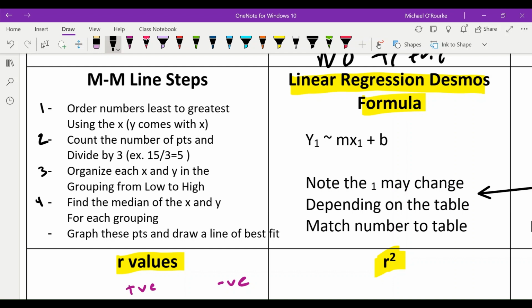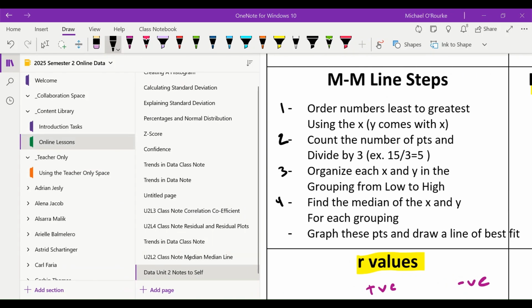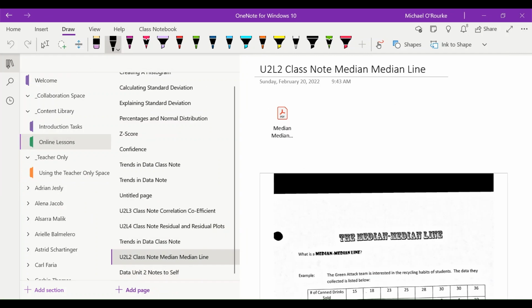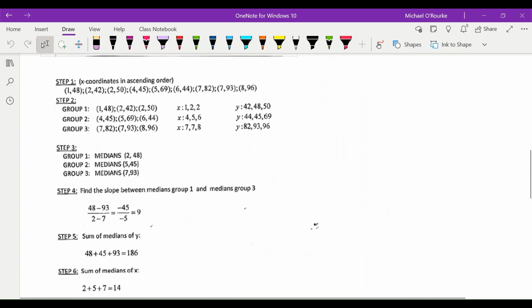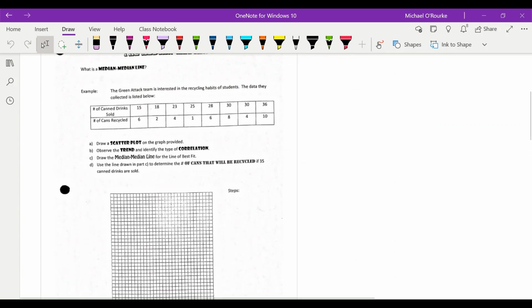And what a median line does is, if you have a scatter plot and you make a line of best fit, sometimes an outlier will draw your line of best fit either up or down.